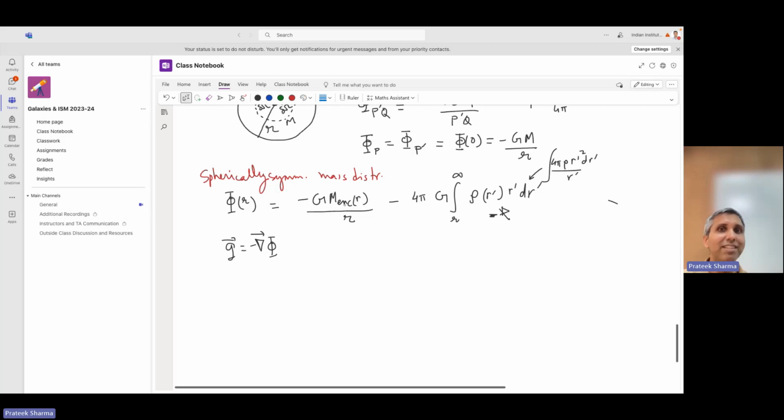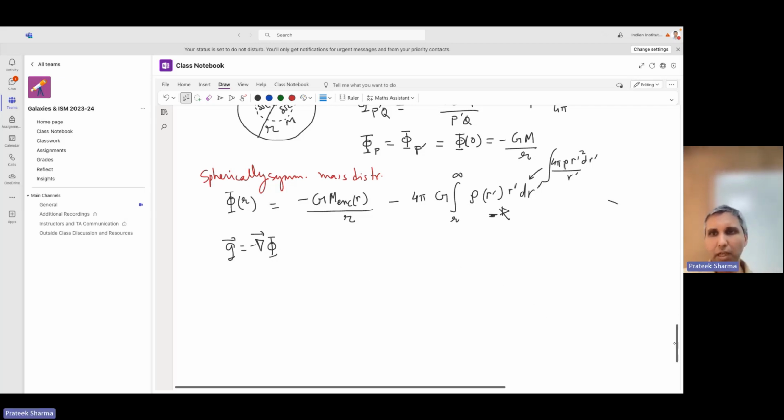There will be minus G M by r squared. There will be minus G by r dM/dr. That would be cancelled by this term. That's why you need the second term in the potential. If you just do d/dr of the first term, that's not good enough. You'll have extra terms. Anyway, this is all very well known to all of you.